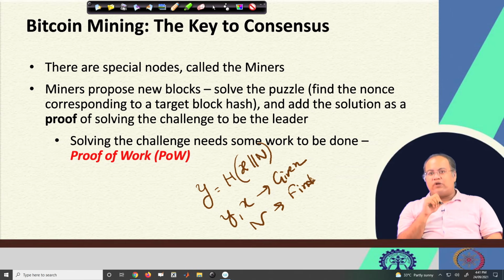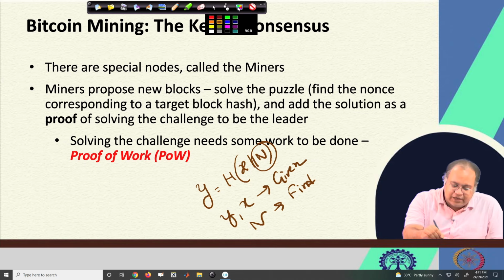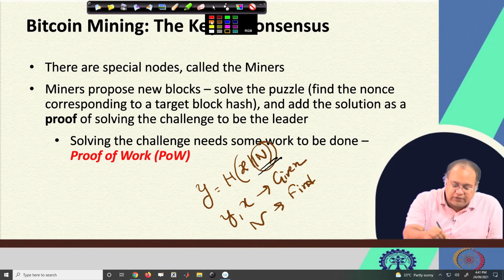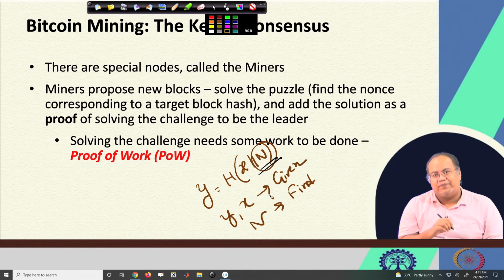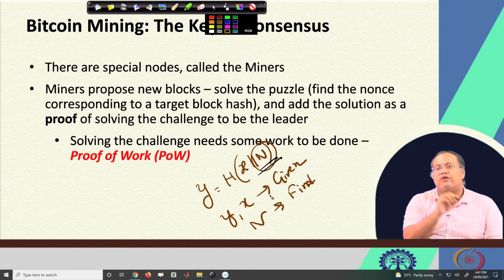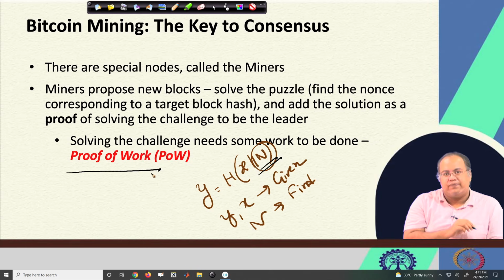Once you have been able to solve this challenge and find the nonce n, that means you have found a solution. You can show it as a proof that you were able to solve the puzzle. That way you are showing the proof of the work that you have done to become a successful miner and add a block to the blockchain. That is why we term it proof of work.